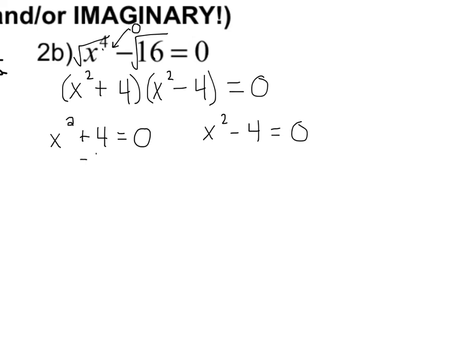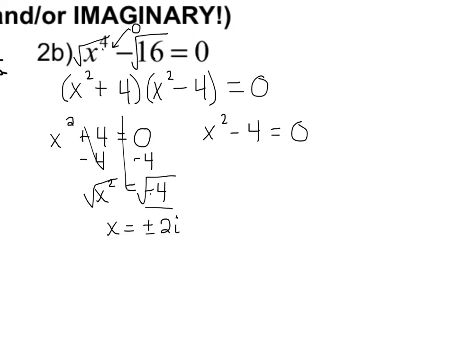So on this side, we will subtract 4 from both sides, and x squared will equal negative 4. When we square root it, we're going to get plus or minus 2i, because we're square rooting a negative, so there are 2 of the zeros. And on the other side, we can just add 4 to both sides, and we will get x squared equals positive 4.